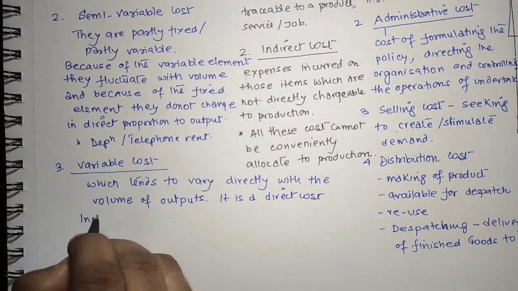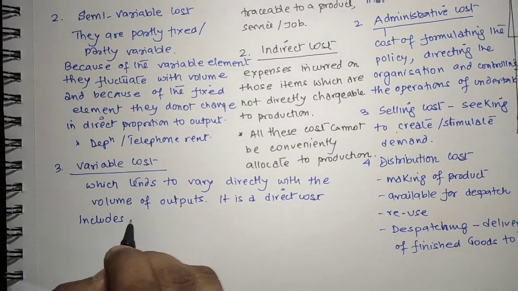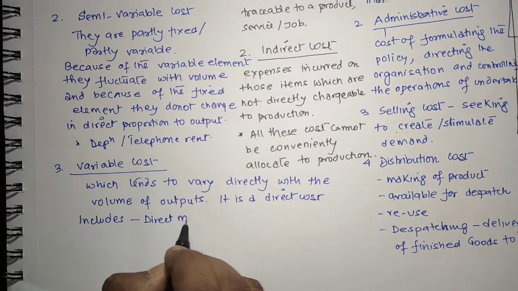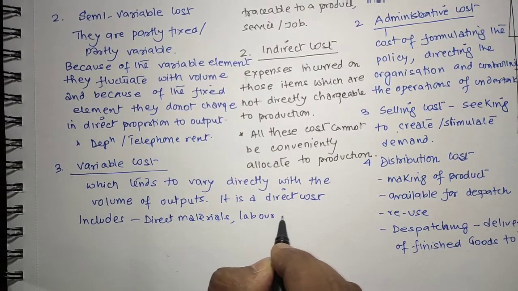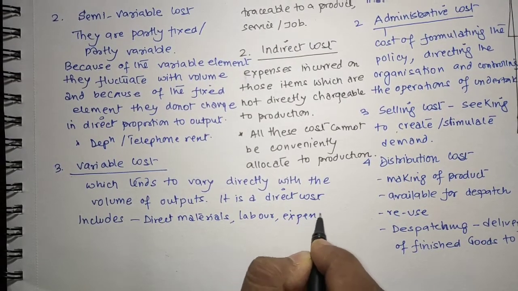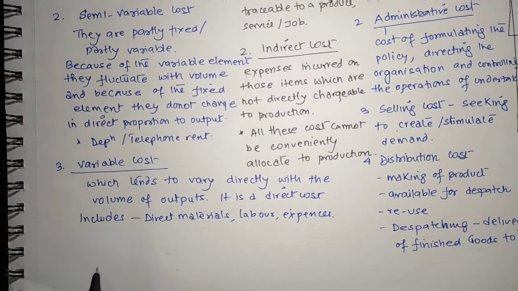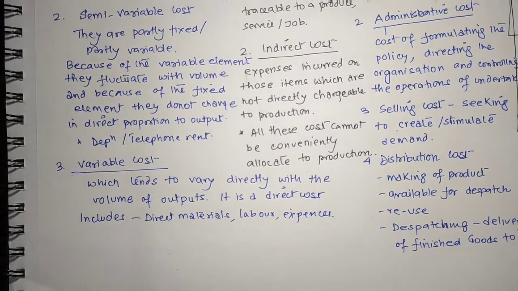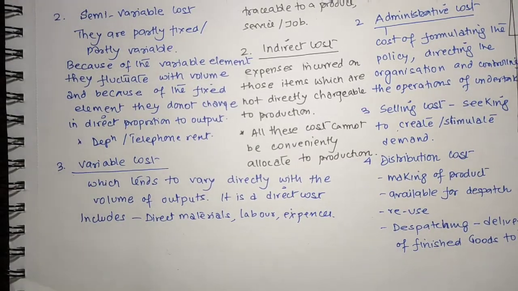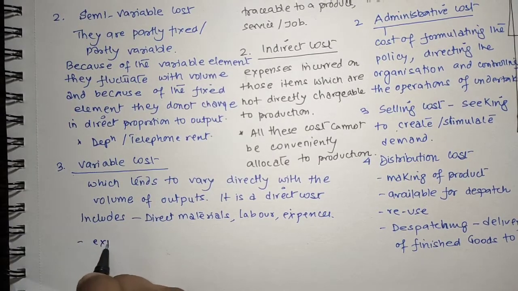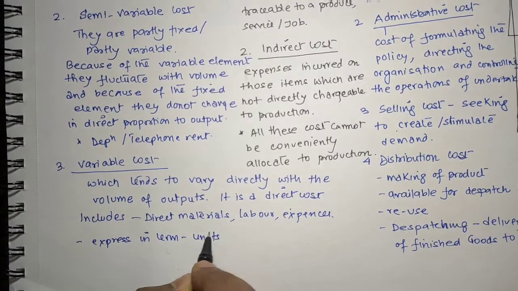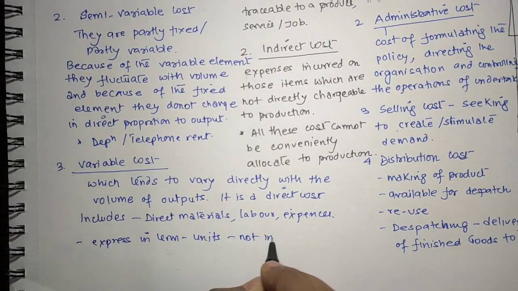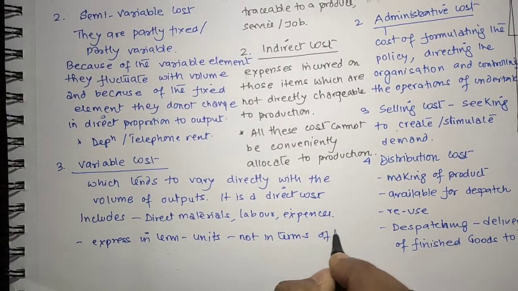It includes direct material, labor, expenses. It should be noted that variable cost per unit is constant, but total cost changes corresponding to the levels of output, and it is always expressed in terms of units, not in terms of time.